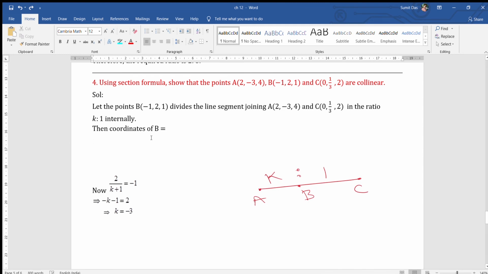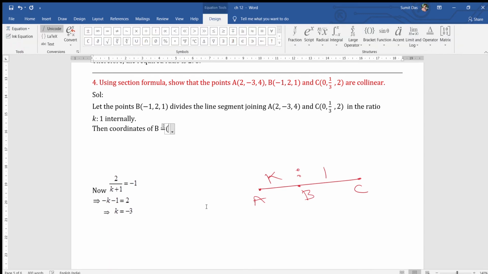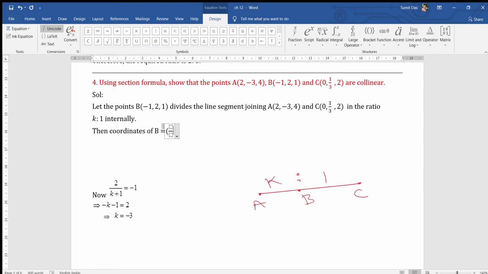Then what will be the coordinate of P? Coordinate will be k x2. We have to take these 2 points, so it will be k x2, that means this point, 2k.